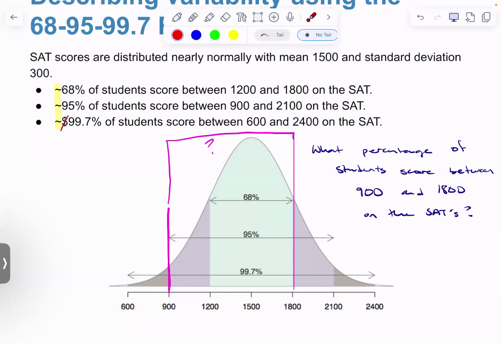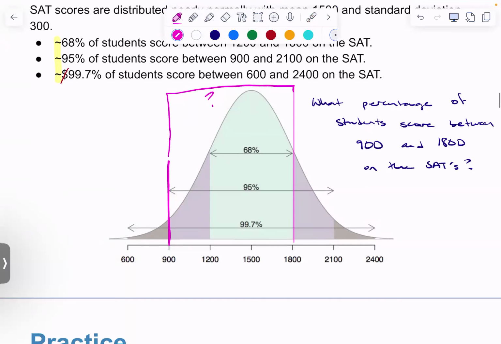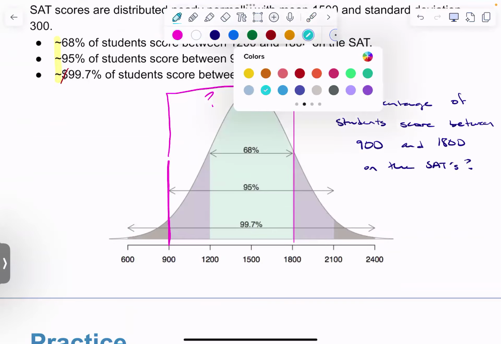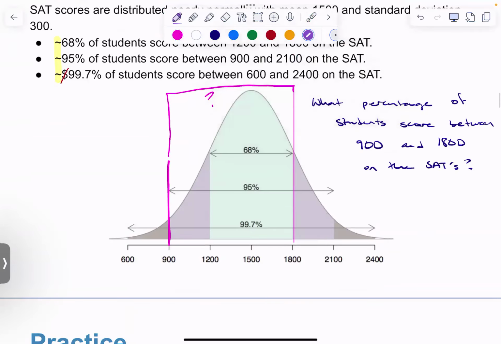Lots of different ways. This area here, well, I should use purple to match. This area, off the top of my head, what am I going to do? It must be the difference between 95 and 68 split evenly.